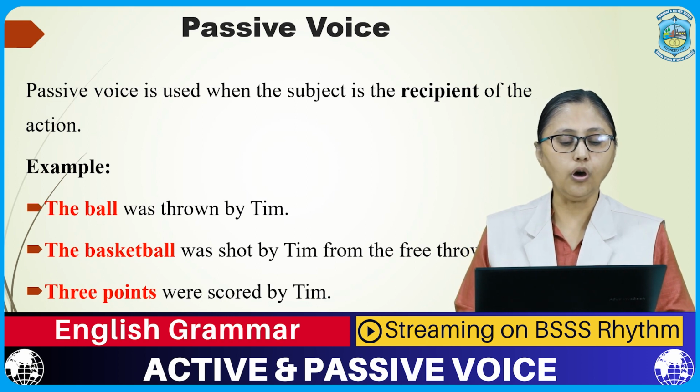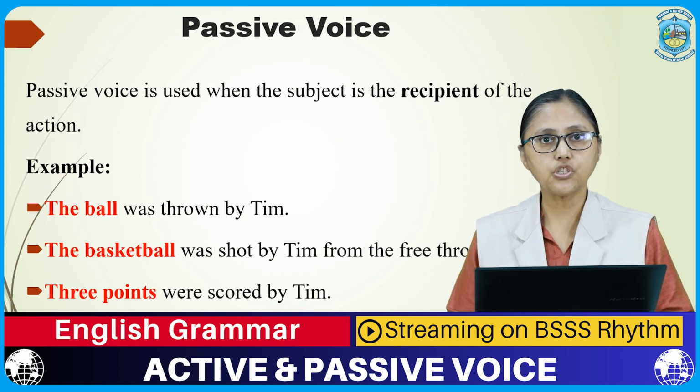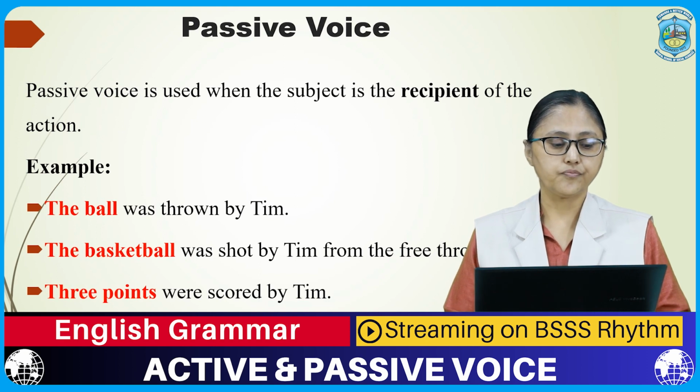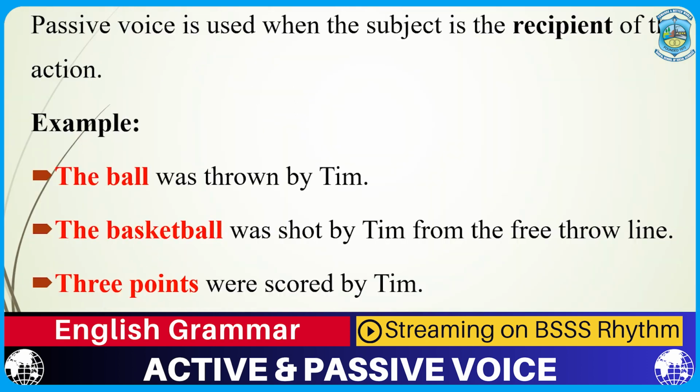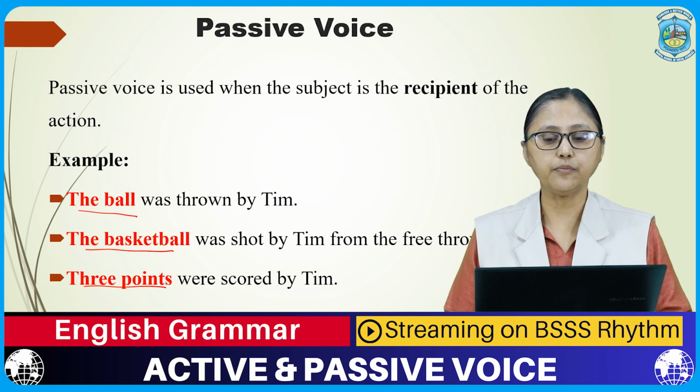So, we have the ball was thrown by Tim, the basketball was shot by Tim from the free throw line, 3 points were scored by Tim. In all these three sentences, we have the objects beginning the sentences. Passive voice is used when the subject is the recipient of the action.